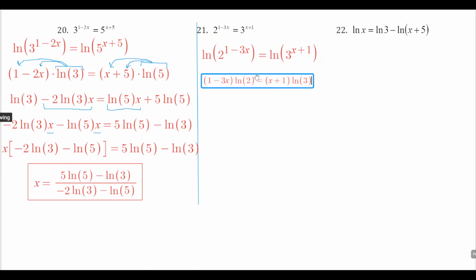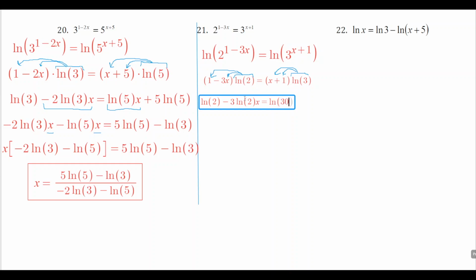I am going to distribute this natural log of 2 to both terms over here. Similarly, I'm going to distribute the natural log of 3 to both terms over here. So I get the natural log of 2 minus 3 natural log of 2x equals natural log of 3x plus natural log of 3.